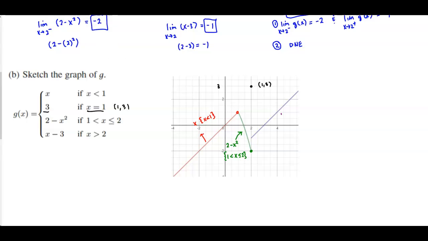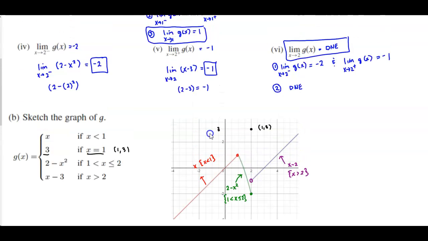And then our last function is x minus 3 when x is greater than 2. That means we have an open circle there. And so therefore, there is our piecewise function. Again, we can confirm our results looking up here.